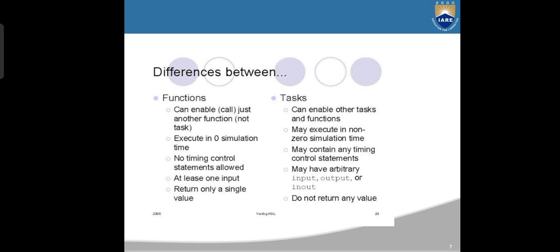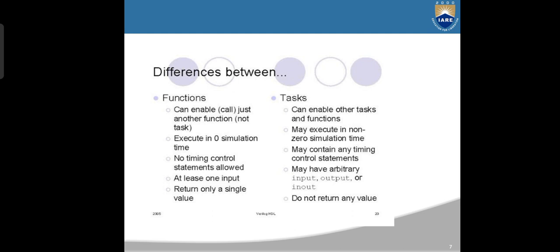In functions, no timing control statements are allowed, whereas tasks may contain any timing control statements. In functions, at least one input is required, whereas tasks may have arbitrary input, output or inout.